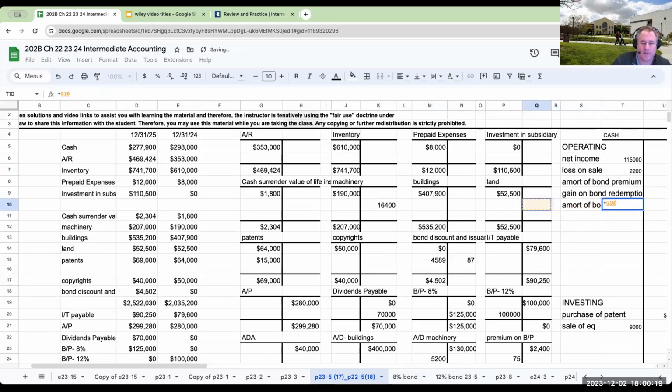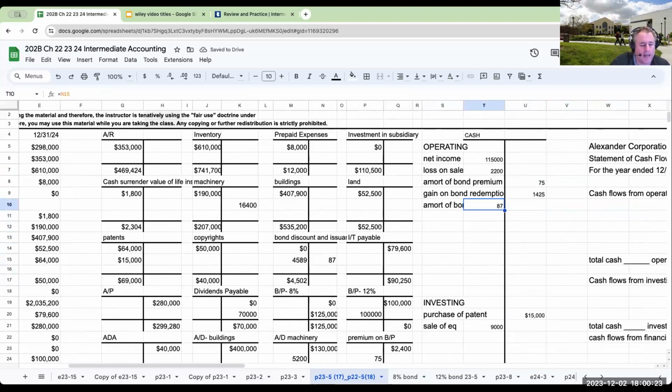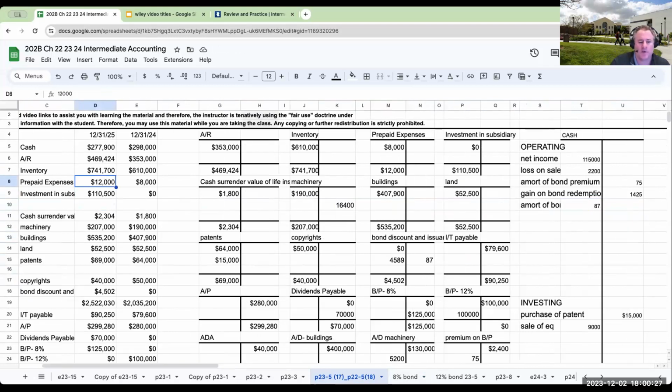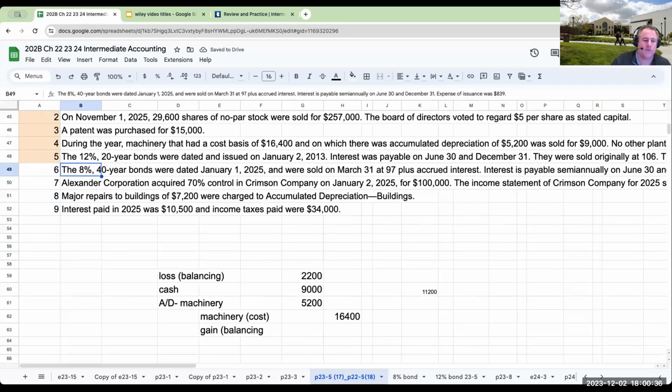I'm going to do the opposite to cash. I'm going to show this over here at 87. Does this work? I have no idea. We'll find out soon when we balance cash. Because remember, the change in cash has to equal 20,100. So we've dealt with these two over here.